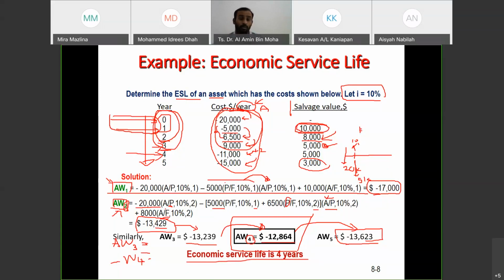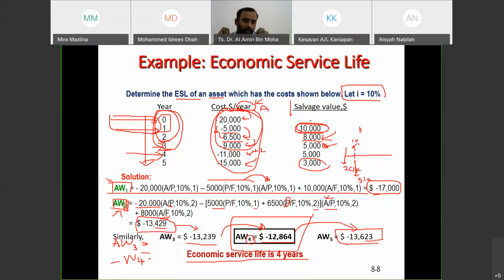So I hope the concept is clear, although you may need to practice the calculation, but I'm explaining the concept. We calculate AW for each year. Year 1, year 2, year 3, year 4, year 5. Based on this example, we compare each AW. It is going down, and when it starts to rebound, going up from the trend, we are going to cut.